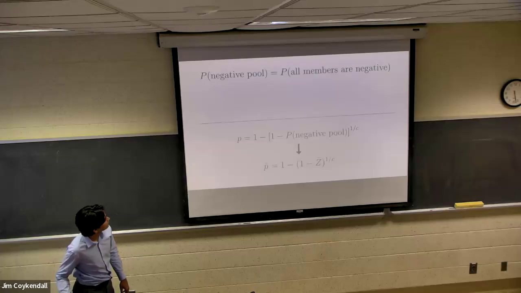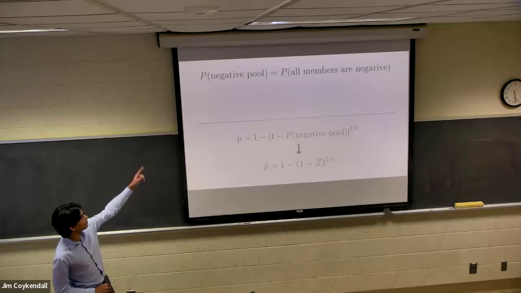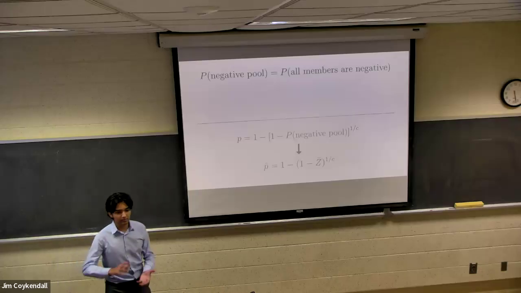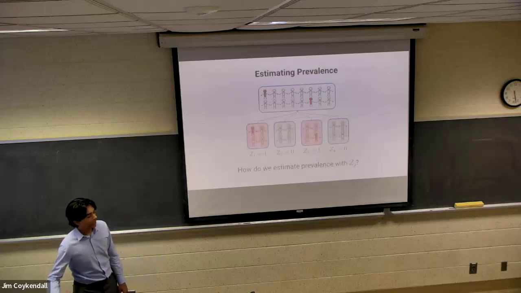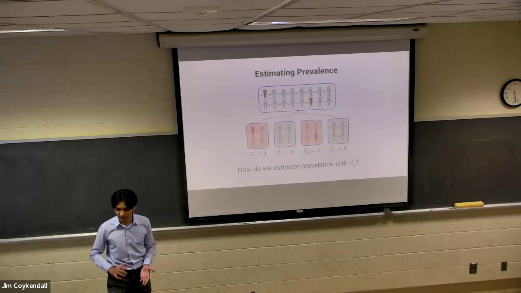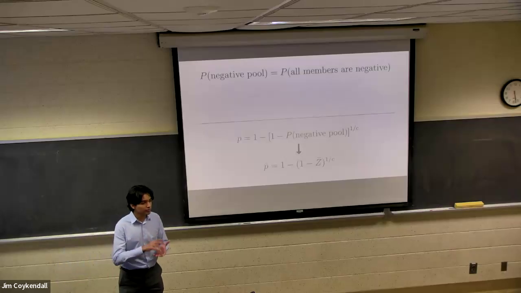Let's do a bit of math. Ignore that bottom part for now. The probability of a negative pool is the probability that all of its members are negative. So a negative pool only happens if all of its members are negative. Okay, so we can look at that probabilistically. Probability that all of a pool's members are negative.